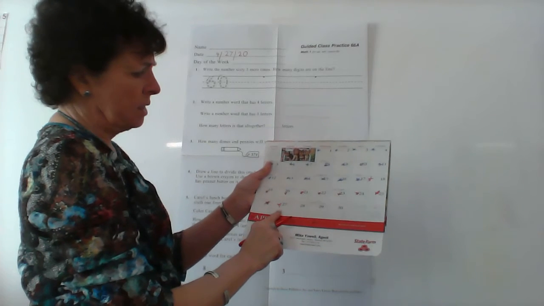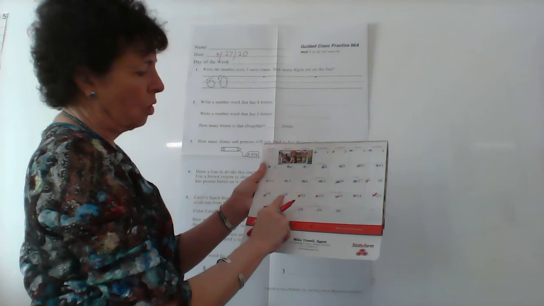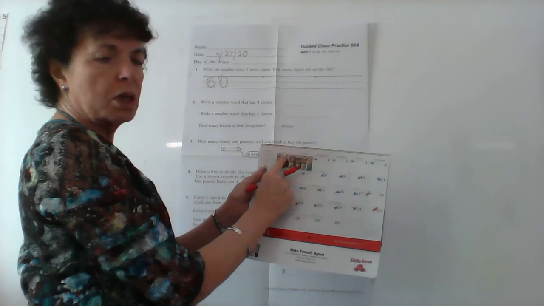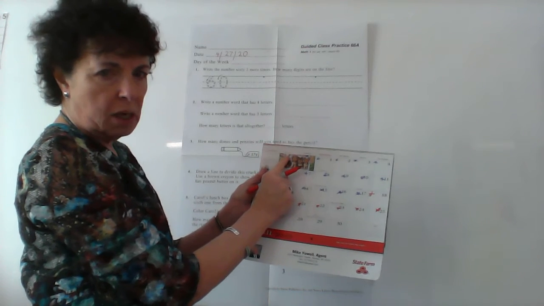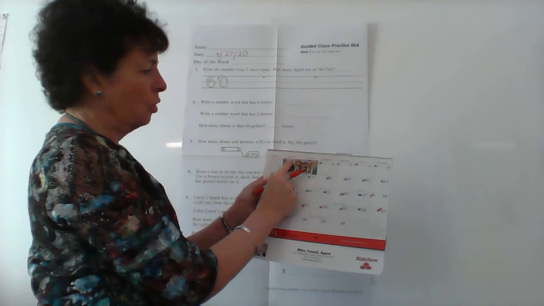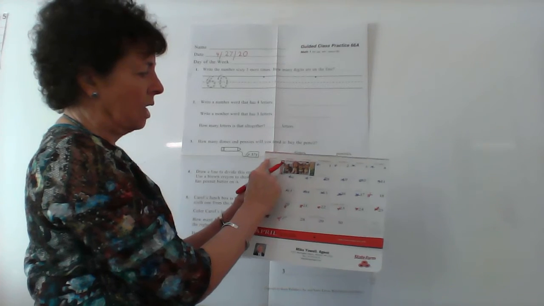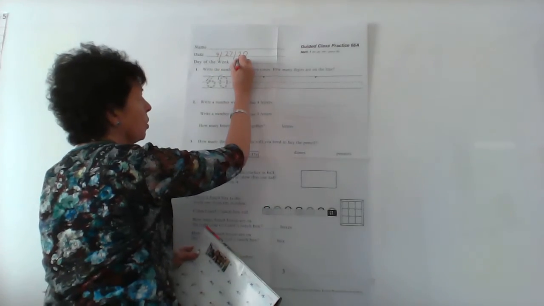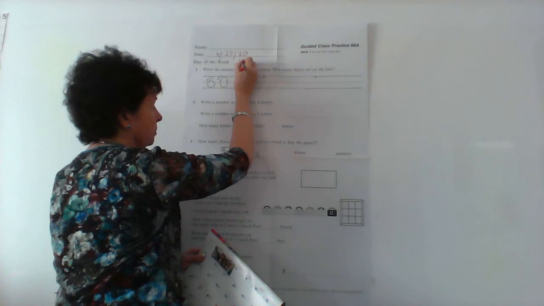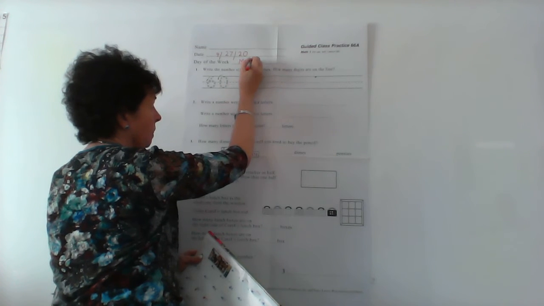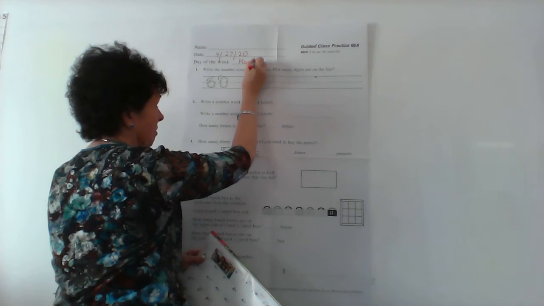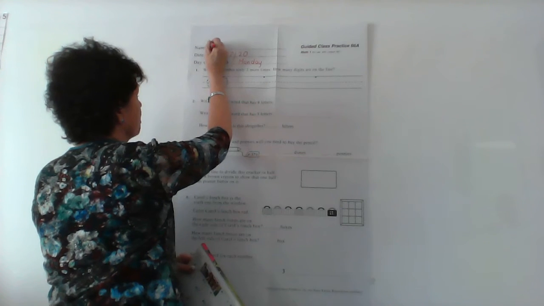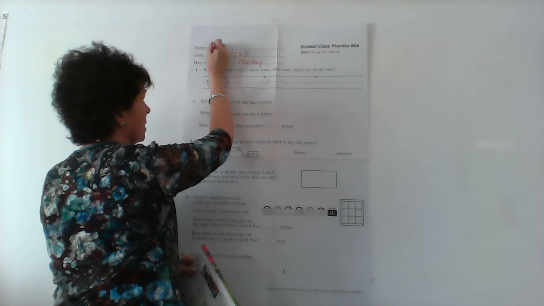Well, we've been practicing that for a long time, and you know to go up the line till you find the day. If you can read that, it says Monday. If you're not quite sure, you can do the days of the week. Sunday, Monday, it's Monday. You're going to write the word Monday on your line. And then don't forget to put your name so that I can correct it.